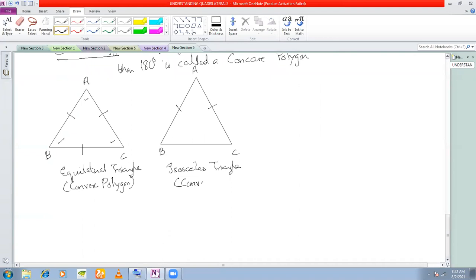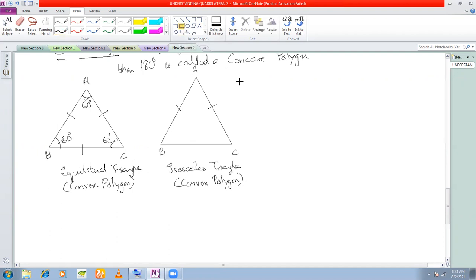In an equilateral triangle, we knew that each angle is 60 degrees, but here we don't know the measures. But we definitely know that each of the 3 interior angles is less than 180 degrees. Therefore, it is a convex polygon.